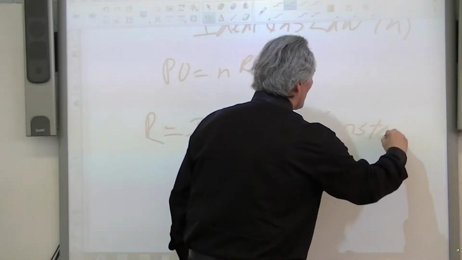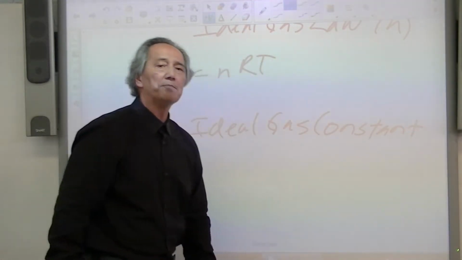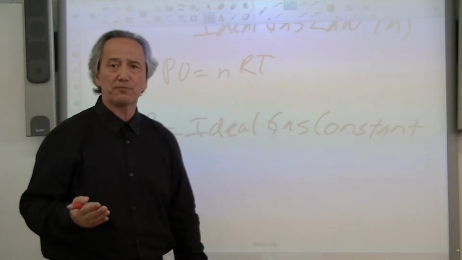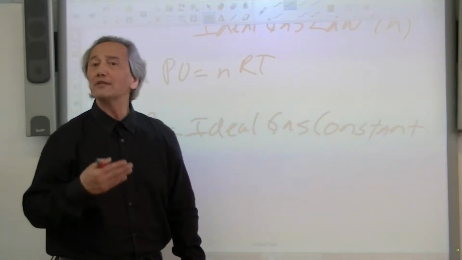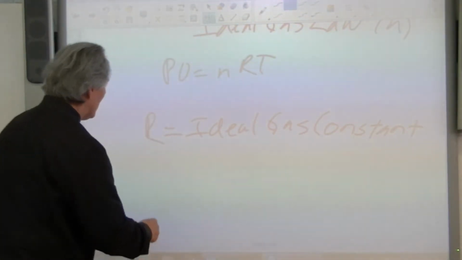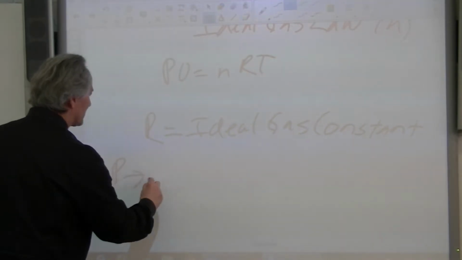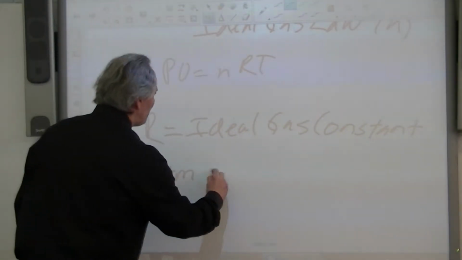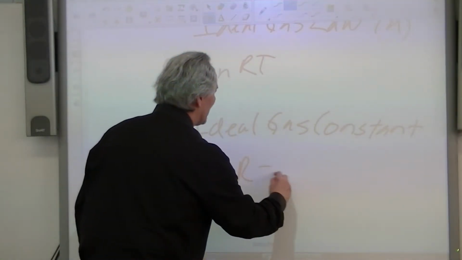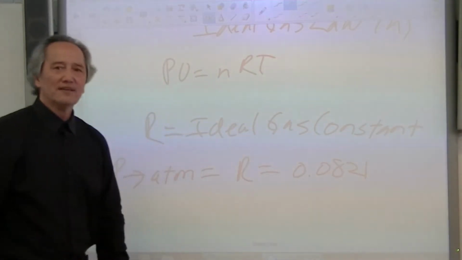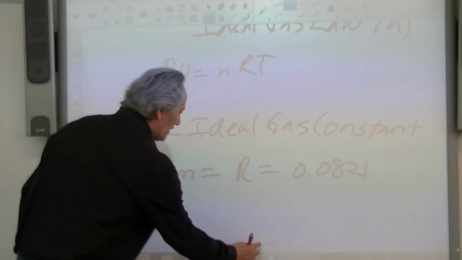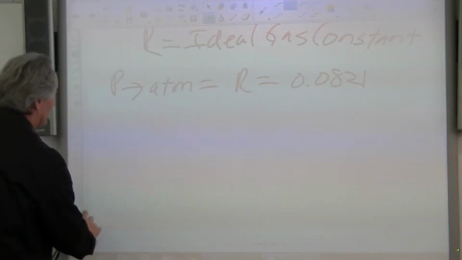Depending on how pressure is expressed, that particular R constant can also be expressed with different values. For example, if pressure is expressed in atm, the value for R would equal 0.0821. Let's identify another unit that's commonly used for pressure.